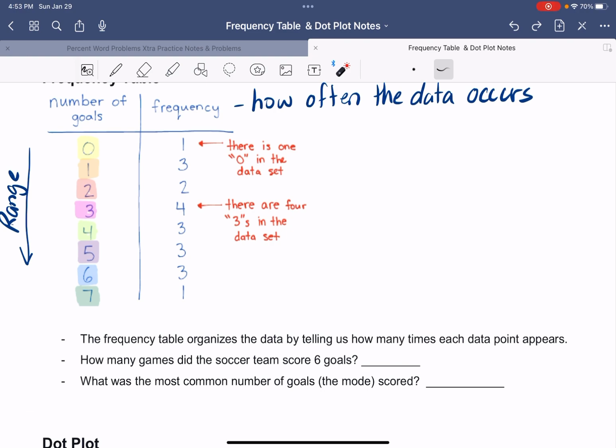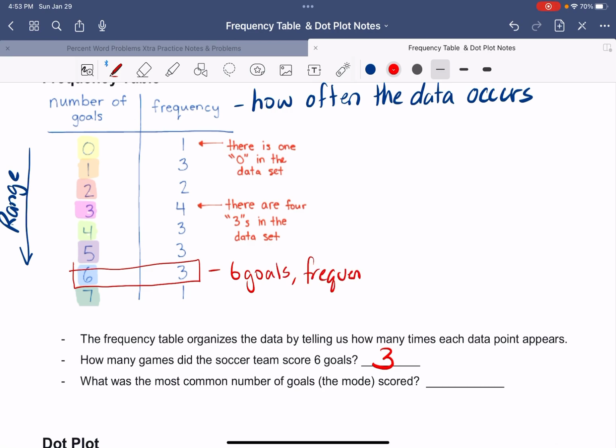I'll give you a second. Let's look at the number of goals right here. You look at the frequency and you should say 3. So 6 goals, frequency, 3 times. It happened 3 times.